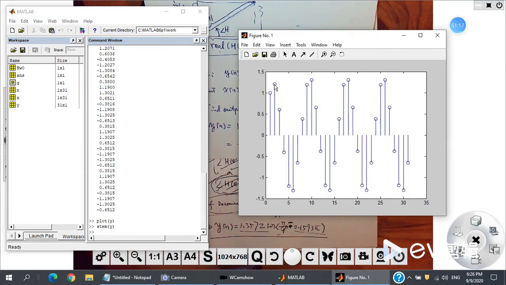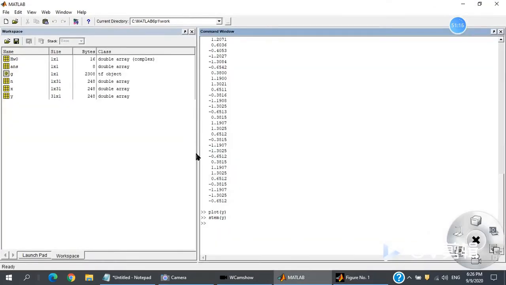Can I have the value? Look at that here. This is y, right? What is the maximum value of this y? See, the maximum value of y is 1.3025.